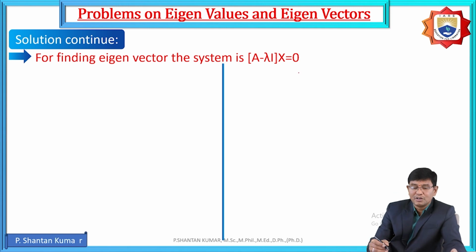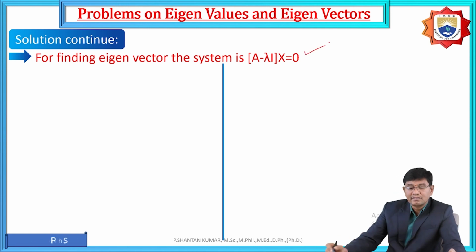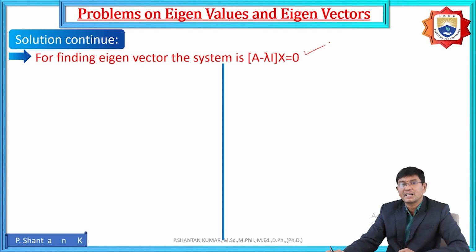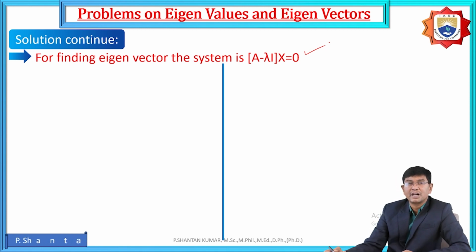For finding the eigenvectors, I have already given the definition: the corresponding eigenvector satisfies a minus lambda I into x is equal to 0. As we know, there are 3 cases: lambda 1 is equal to 0, lambda 2 is equal to 3, and lambda 3 is equal to 15.